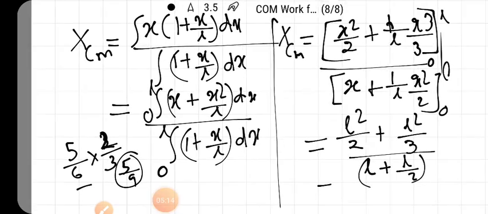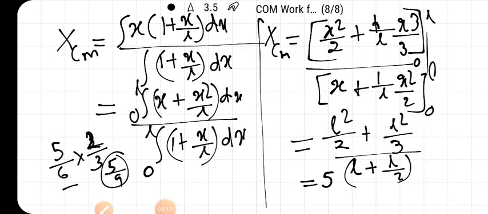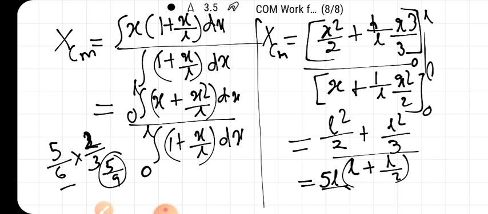With simplification we get this value to be 5L by 9.